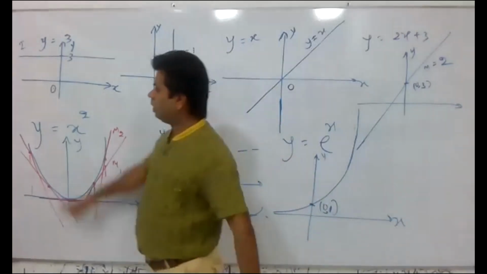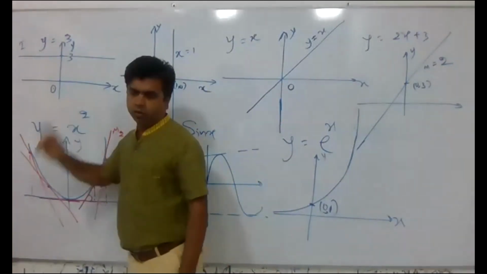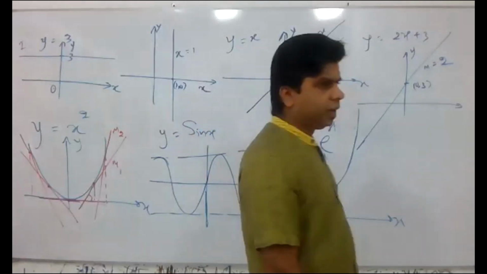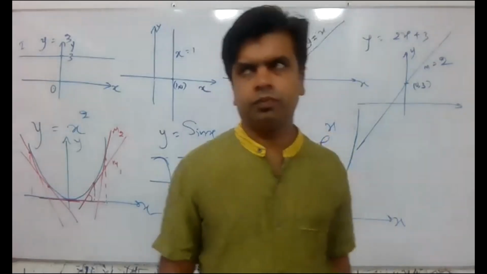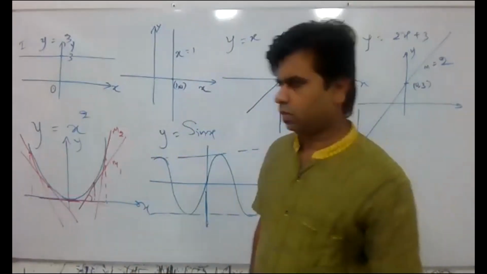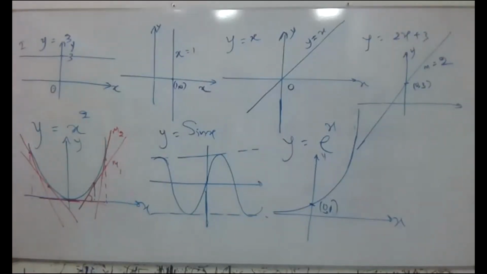Then write down under the graph: a constant function, the gradient is 0.